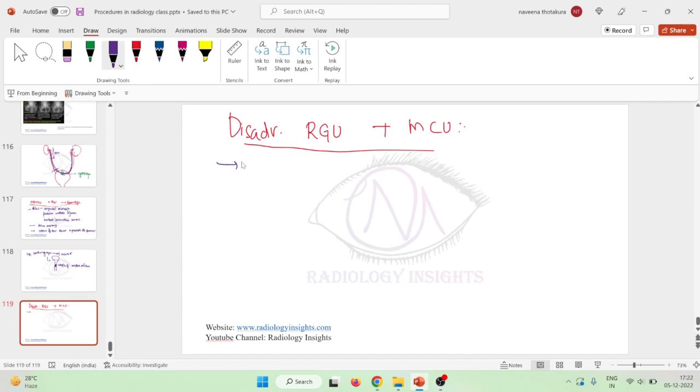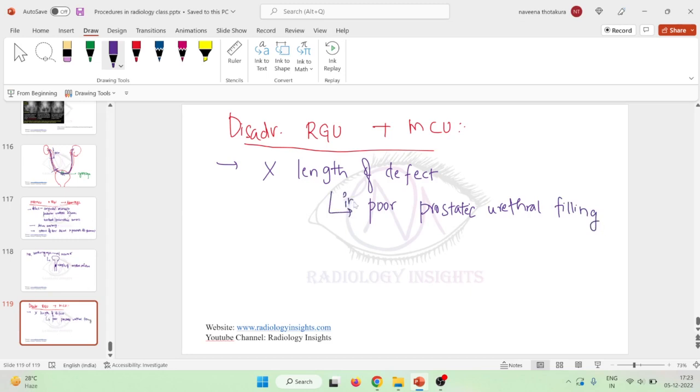First, these both will not provide the length of the defect. If there is poor prostatic urethral filling, if the contrast did not enter the prostatic urethra fully, in such cases it cannot tell the length of the defect in posterior urethral poor filling.